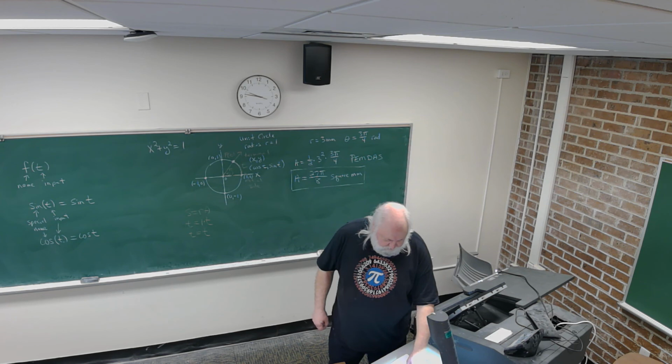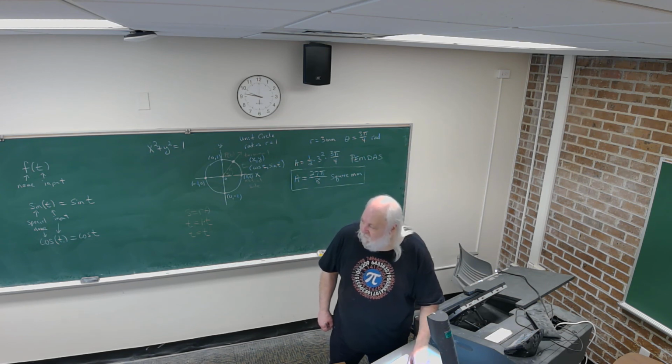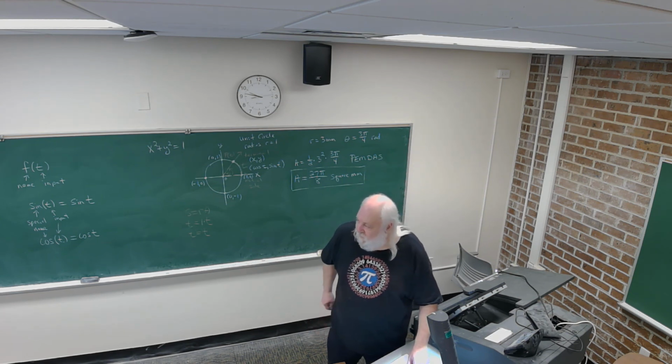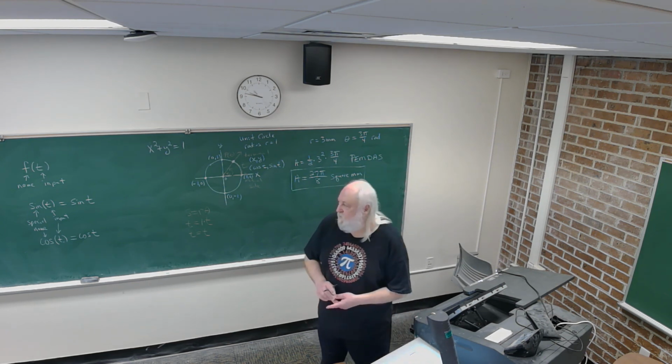All means they're both positive in quadrant 1. S means only sine is positive in quadrant 2. T, we haven't talked about this, we'll come back to it, refers to the tangent function, but just think of T as they're both negative. And C, calculus, stands for cosine. Only cosine is positive.